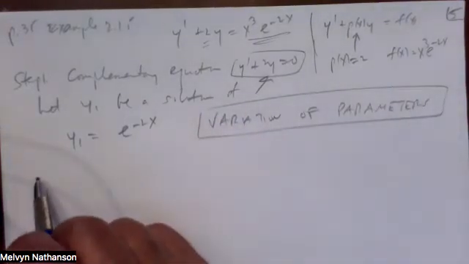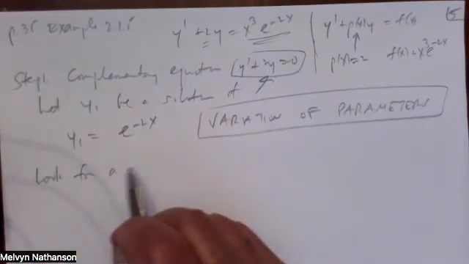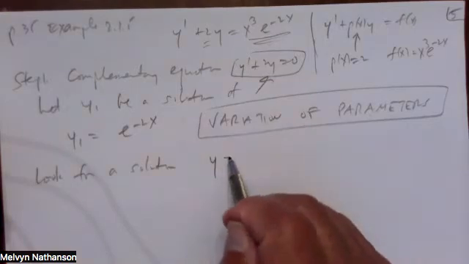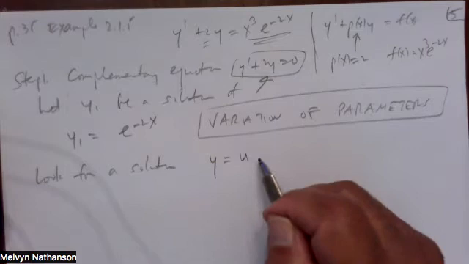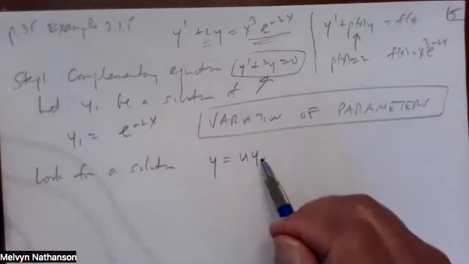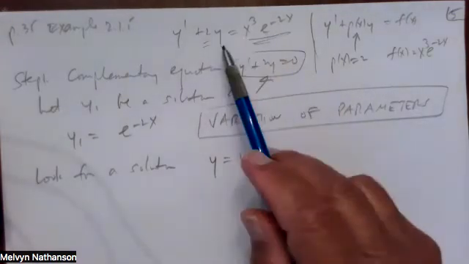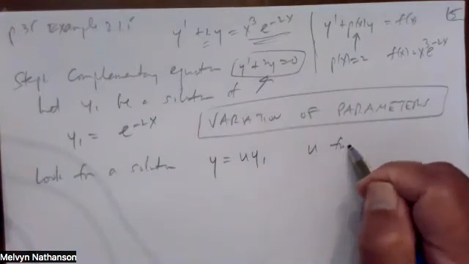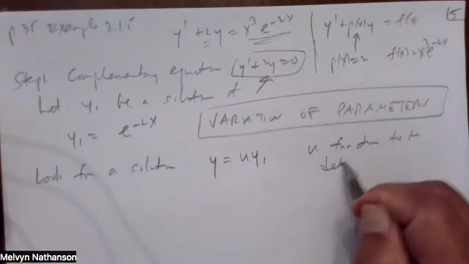So we want to look for a solution of the form y equals some function u times this function y1. So y1 is a particular solution of the homogeneous equation, the complementary equation, and u is some function to be determined.